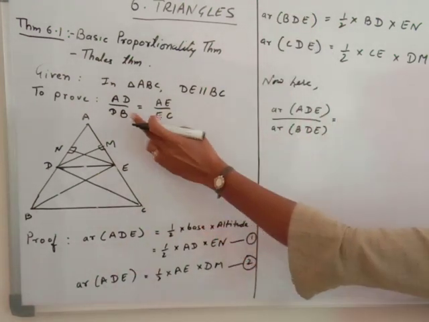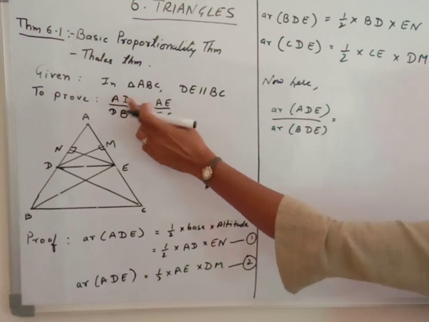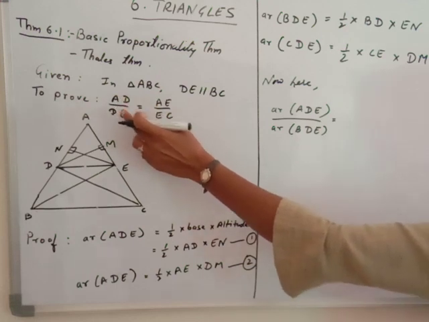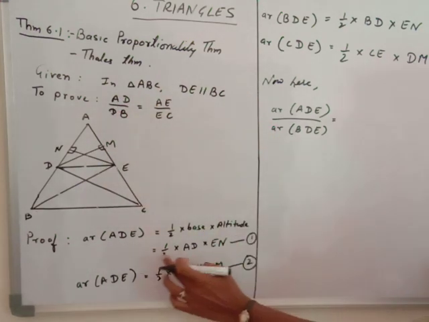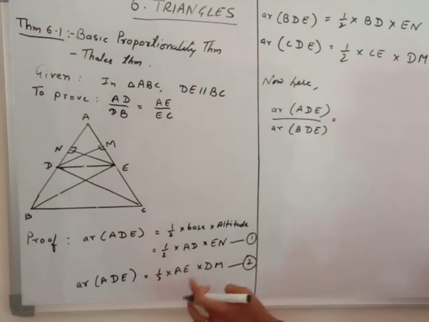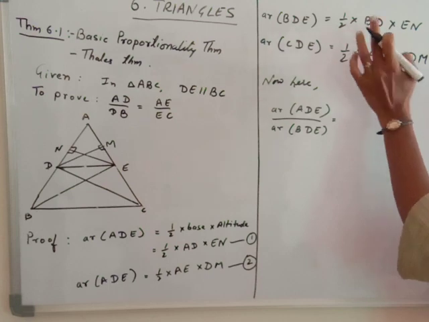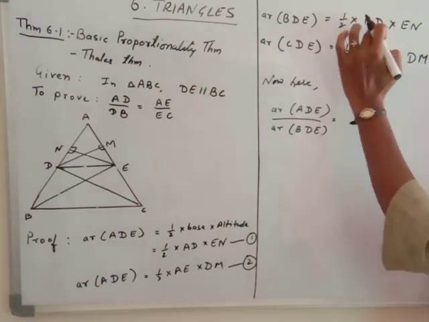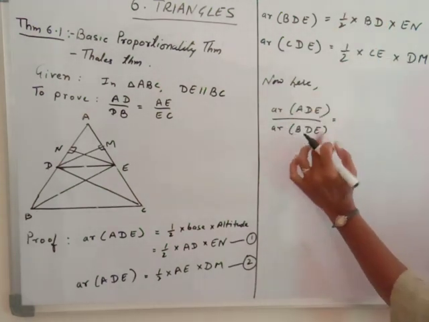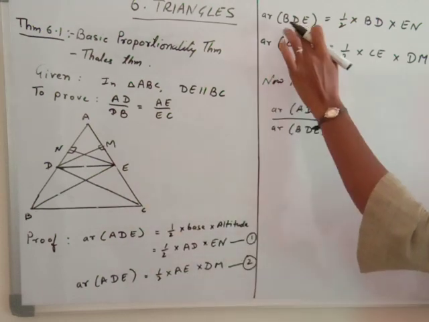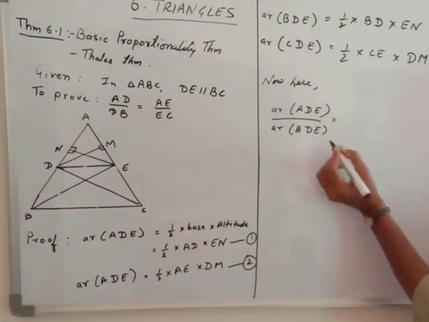The reason is, what I have to prove is AD upon DB. So here I am getting AD. And where am I getting DB? I am getting it here. DB means BD. I had taken it, so this is BD. So I want AD upon BD. So I am taking this divided by this. So what will I get?